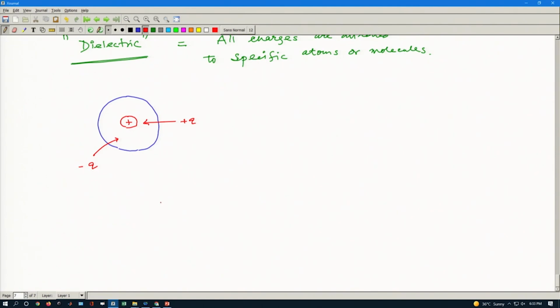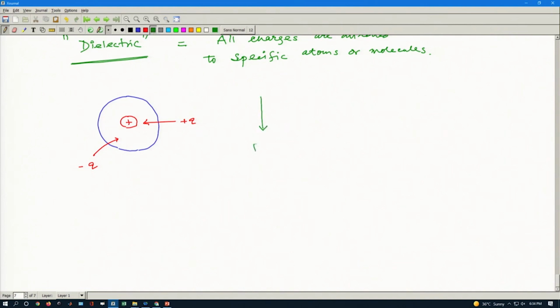That is for a neutral atom. Now, what happens if I put this dielectric system under some electric field? Suppose I am putting some electric field here for this system.